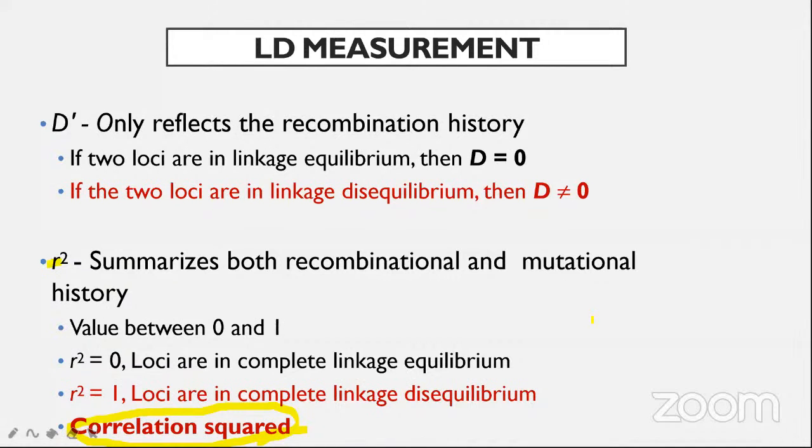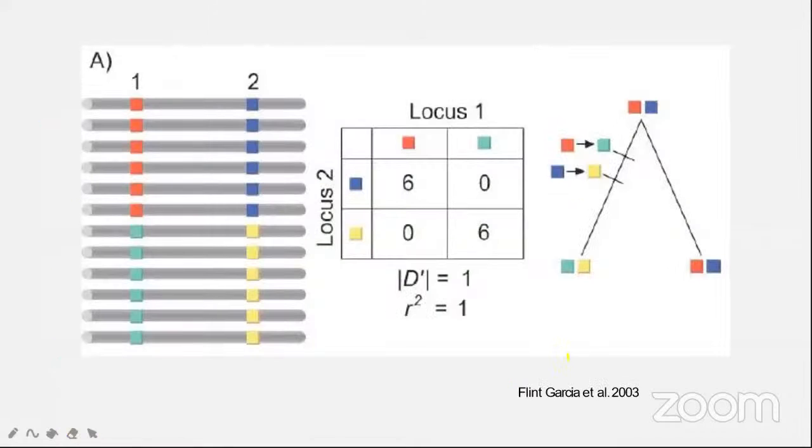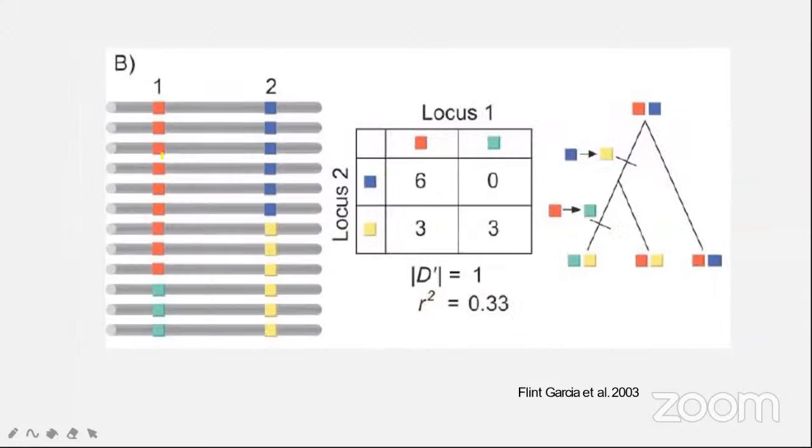Here are a few examples to show how we calculate D prime and R². I don't want to go through the calculations, but to explain: at locus 1, you have a red allele and a green allele, where red is associated with blue and green is associated with yellow. This is a perfect correlation, or an R² of 1, meaning they are in perfect LD. In another scenario, your red allele at locus 1 is associated with both blue and yellow, whereas green is associated with yellow, and here your R² is a bit low, 0.33.